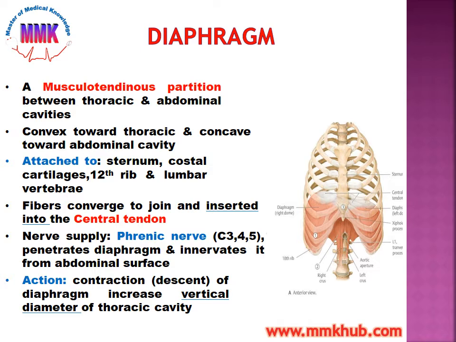Nerve supply is via the phrenic nerve, which has a nerve root of C3, C4 and C5. The phrenic nerve penetrates the diaphragm and innervates it from the abdominal surface. The action of the diaphragm can be contraction, which leads to the descent of the diaphragm and increases the vertical diameter of the thoracic cavity in inspiration.